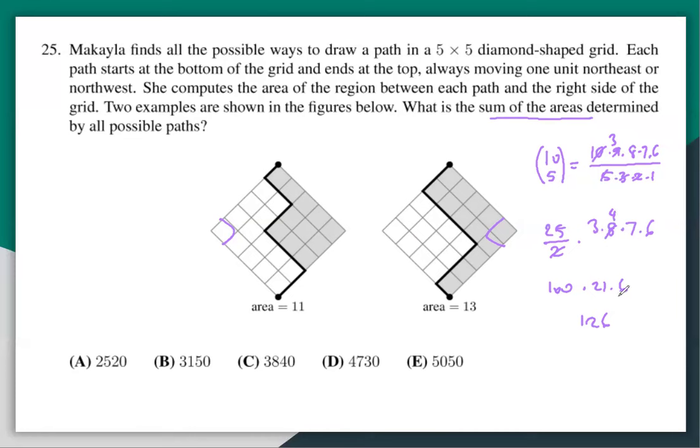That's 126, which is going to be 12,000. Okay, I think I messed up. So 10, 9, 8, 7, and 6, 5. Okay, I'm missing 4. I messed up with 4. So if I do have that 4 as well, let's cancel that. So then I cancel that 4 because I need to divide by 4.